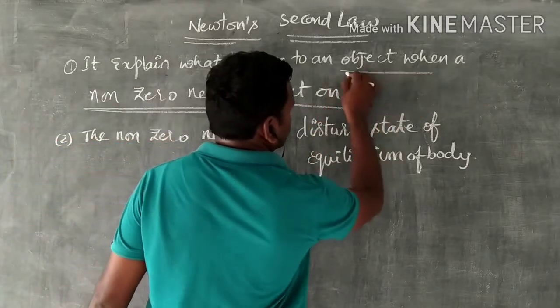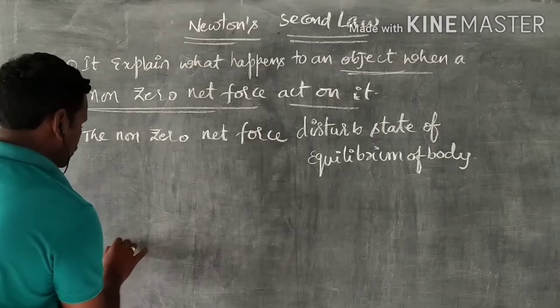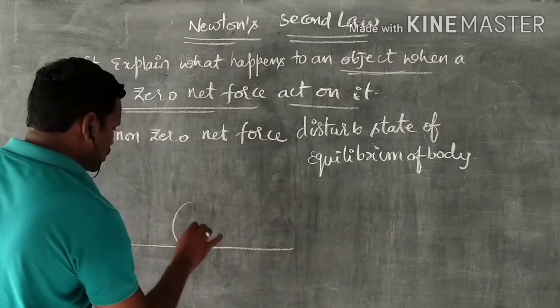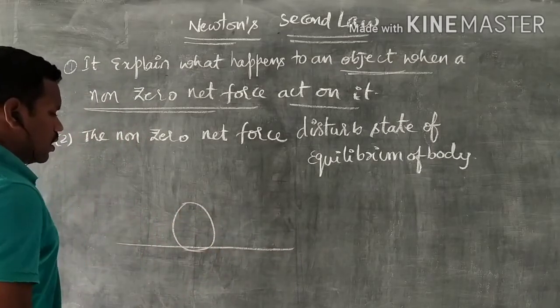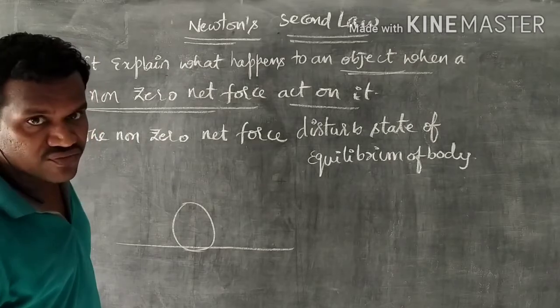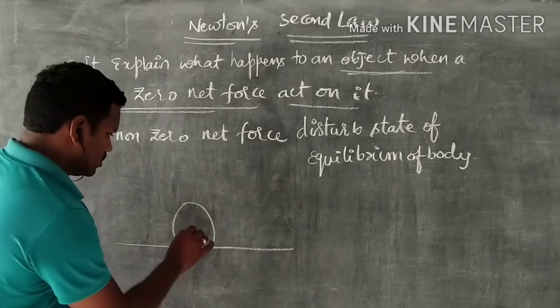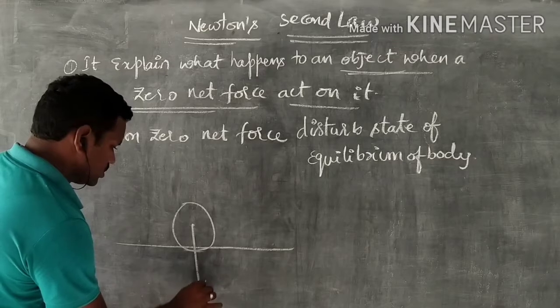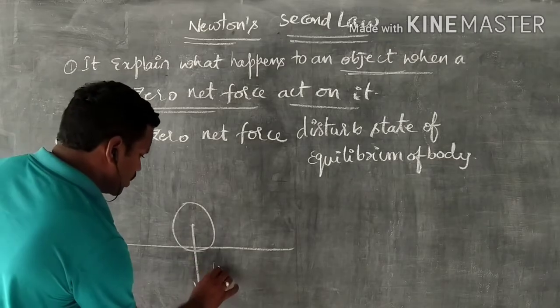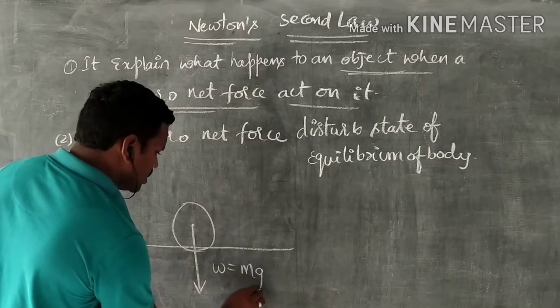First of all, we should know that an object is there. For example, if you consider this object, several forces will act on it. One of the forces is the weight of the body, W is equal to mg.